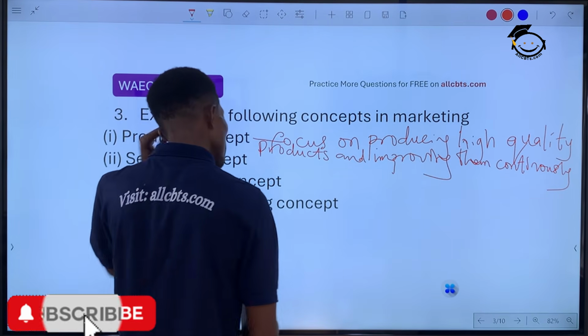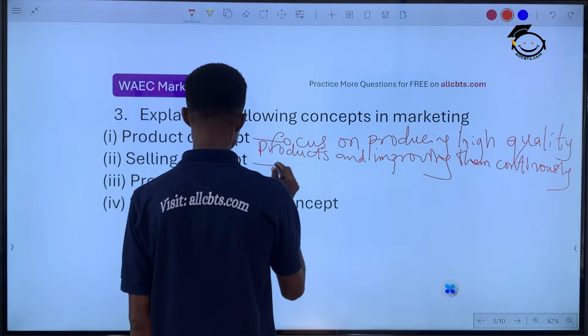The next one is selling concept. What's the focus of selling concept?